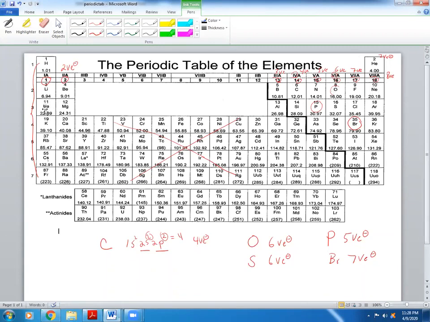So what it's going to do is lose an electron to become like neon. Versus chlorine right here. What's the closest noble gas to it? It's argon. So it's going to have to gain an electron to become like argon. And that's where the electron comes from. It comes from sodium. So now they're both happy.